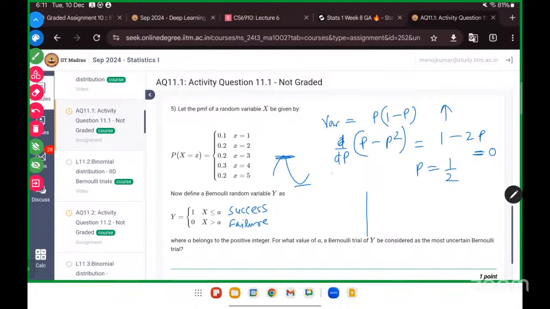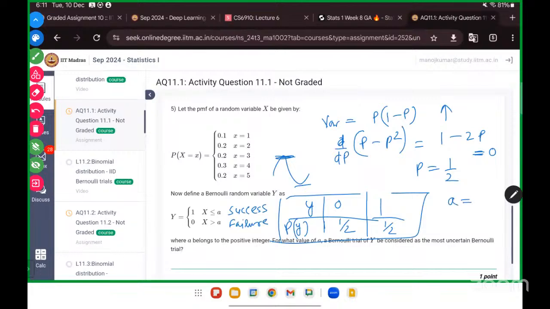They are asking to make the random variable such that the probability of x less than or equal to a, or greater than, is half. If you draw y as 0, 1, then p of y should be half and half.